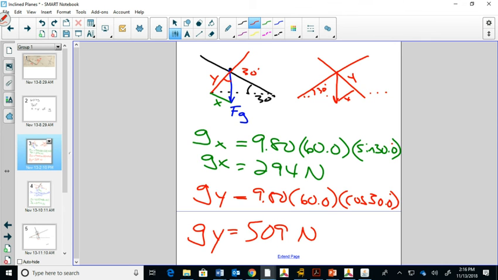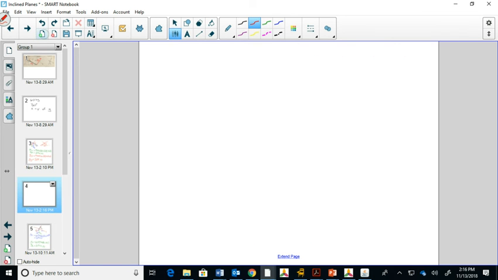The only difference you might notice with the practice problem is that angle. So they've got something. May I steal this? They have something like this. Right? Here's your box. Here's my force of gravity going right down.